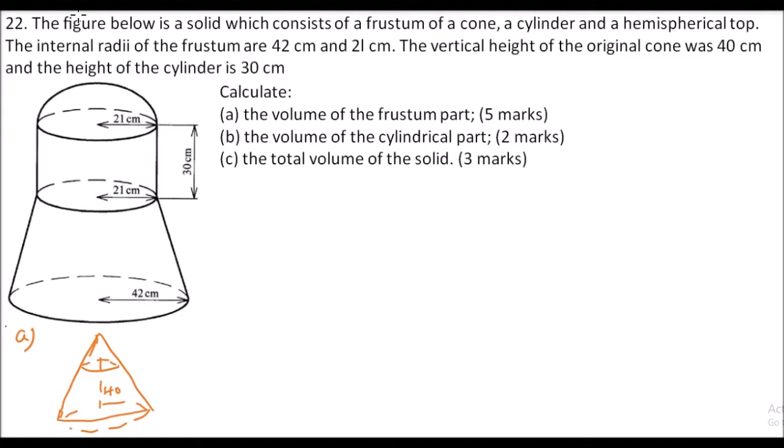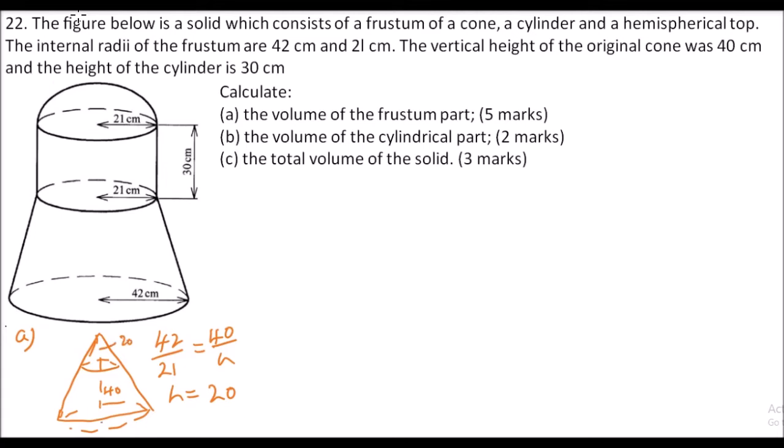So we say 42 divided by 21 is equal to 40 divided by the small h. So the small h, if you cross multiply, is actually 20. So the height of the small cone is 20.